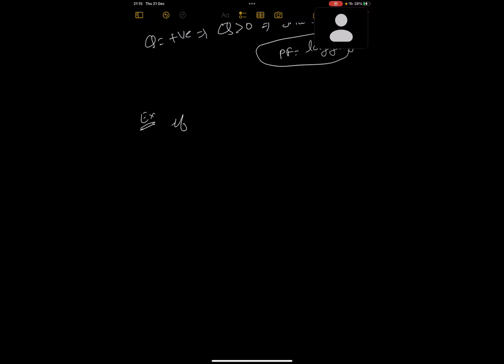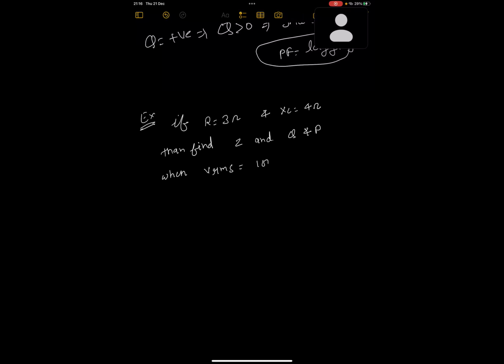If R equal to 3 ohm and XL equal to 4 ohm given, then find Z and Q and P when VRMS is given.